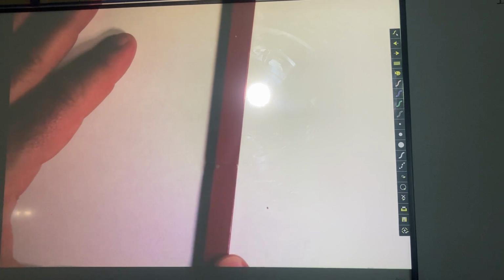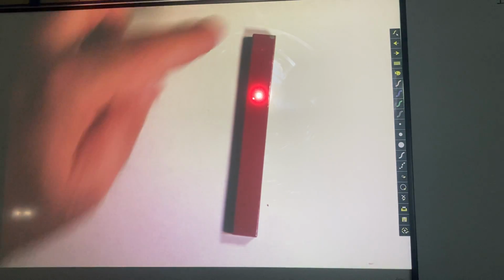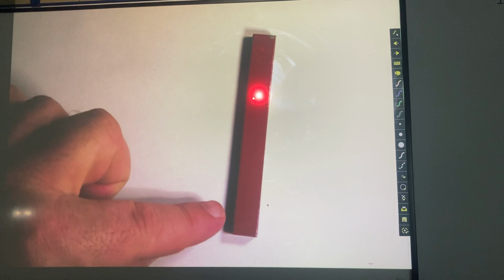It doesn't want to get near this one. If I put a north end near a south end, they come together. So what's happening at the north end and at the south end of a magnet is different.